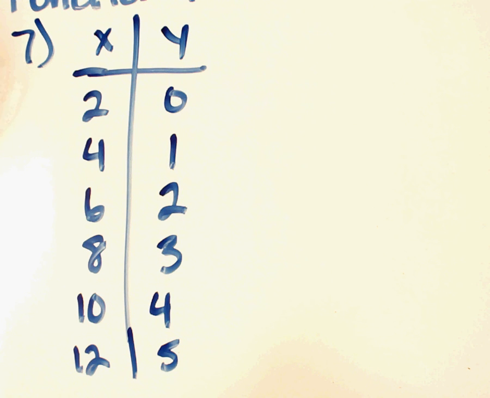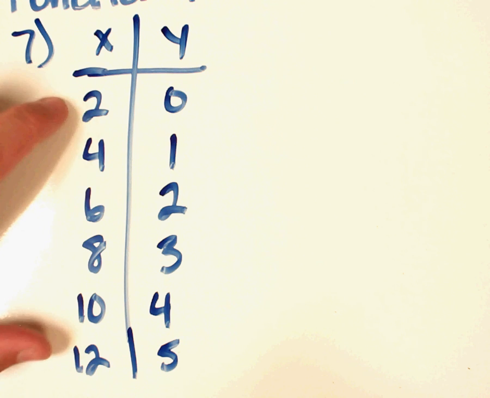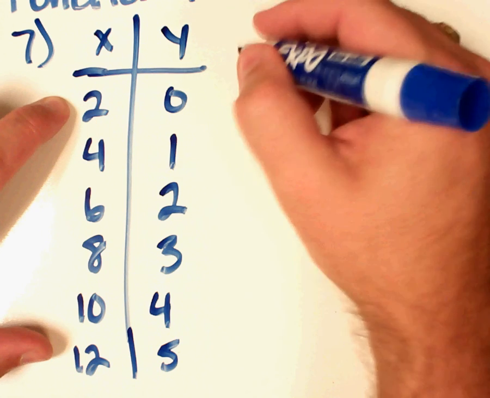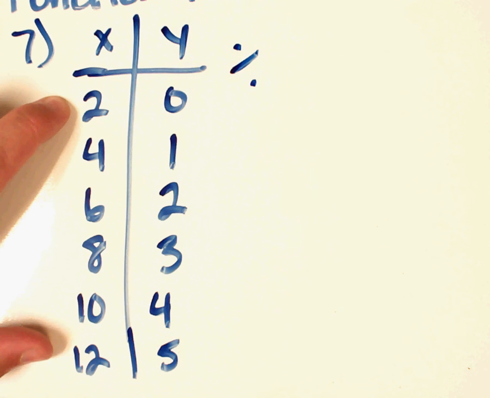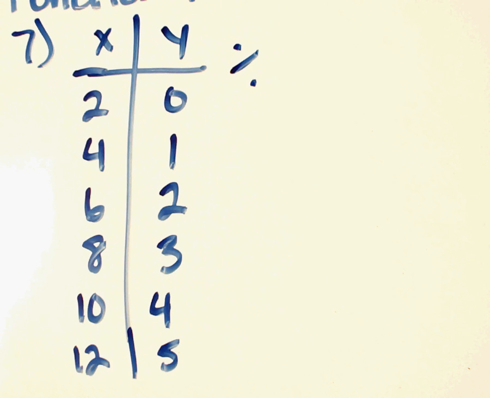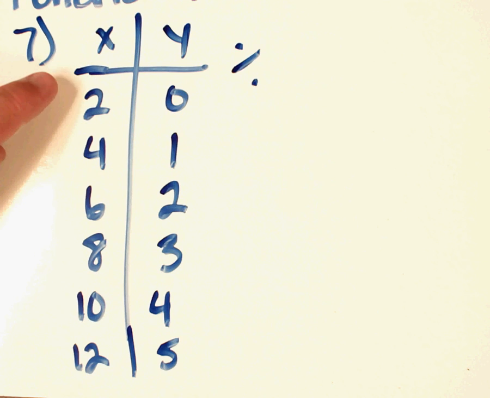Now, typically, if there are no odd numbers, or if we're seeing the factors of a specific number as my inputs, then that should tell me, hey, I'm probably looking at a division problem. Just like we saw in number 6, because in number 6 the inputs ended up being factors of 3. Well, in number 7, my inputs, my x's, are all factors of 2.